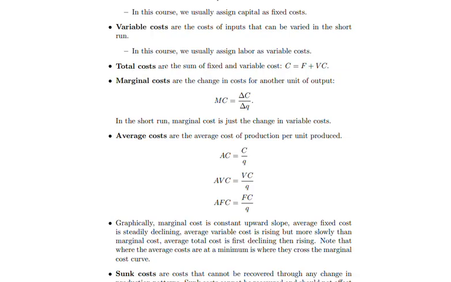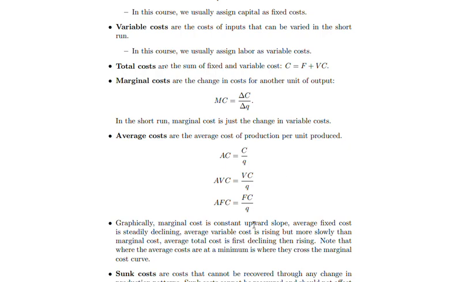Just differentiate with respect to quantity, because marginal cost is delta C over delta Q. In the short run, marginal cost is just the change in variable cost, because you can't adjust the fixed cost in the short run.